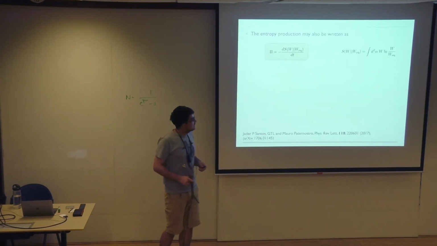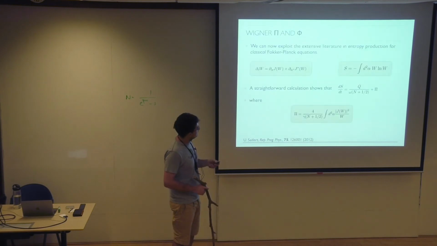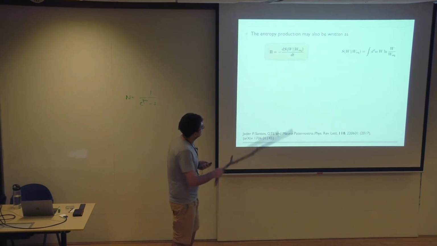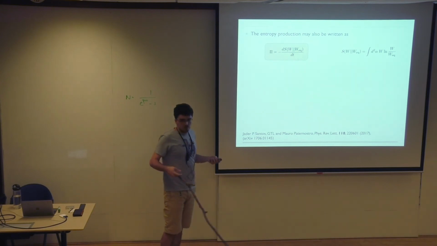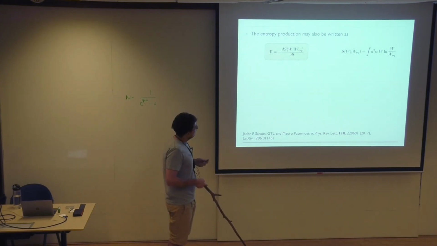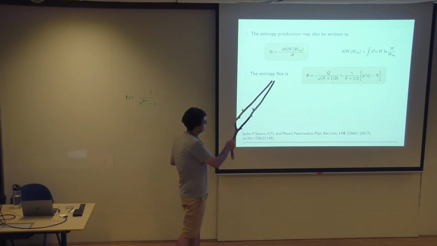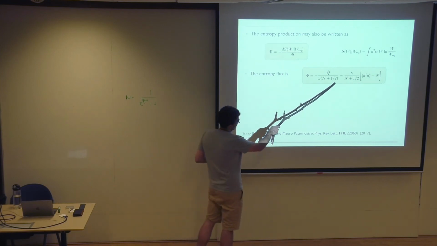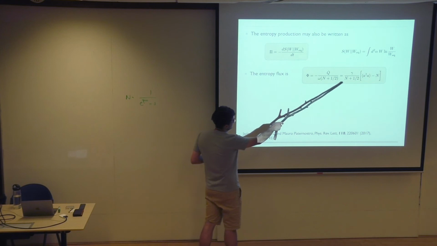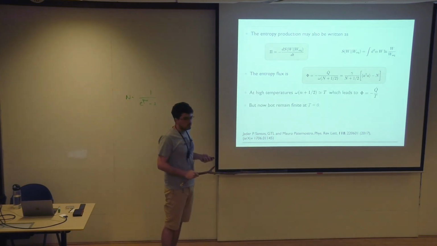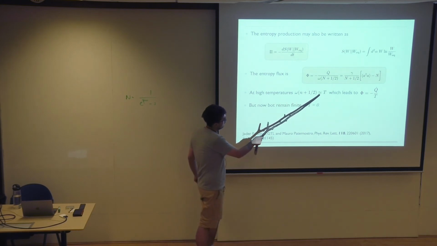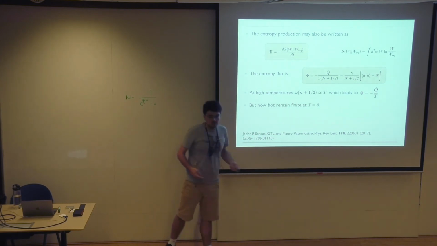So another very nice thing is that you can write the same result here, this guy. You can also write it as a relative entropy between Husimi functions, which is sort of intuitive and expected. And also, the entropy flux, as I was saying, is defined like this. If you expand out the heat rate, you can write it like this. And what is nice about it is that for high temperatures, this ω(n + 1/2) is approximately T. So you recover the von Neumann results.